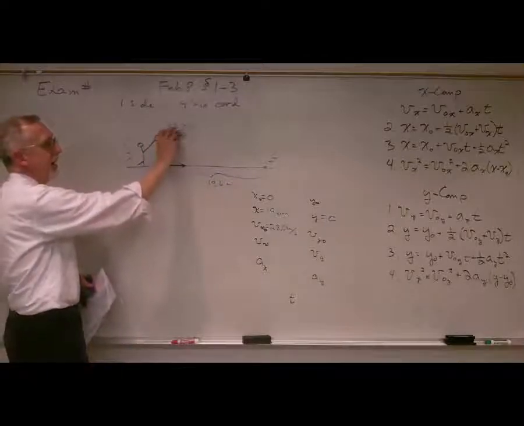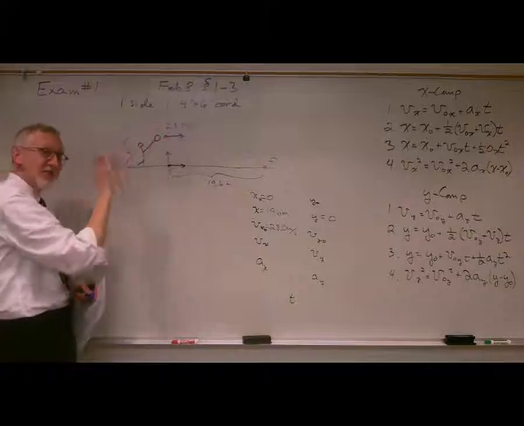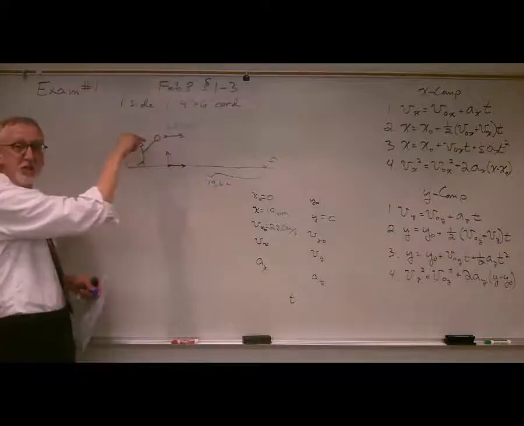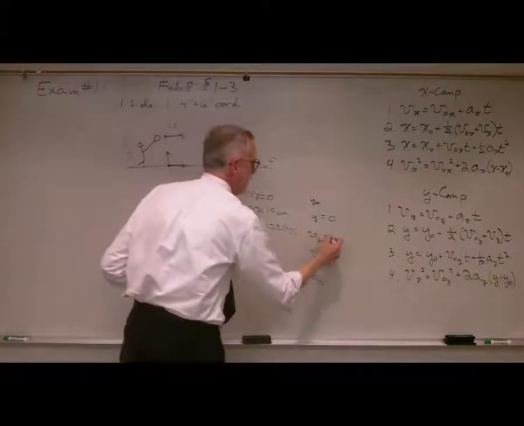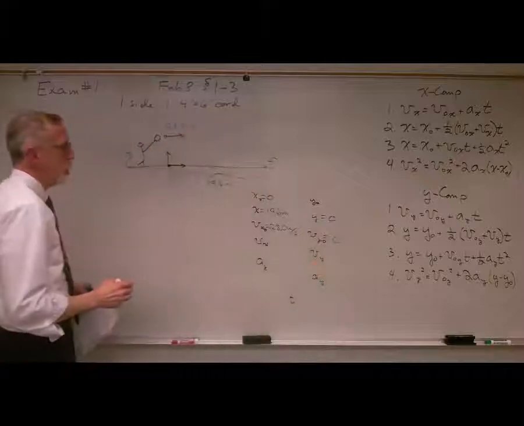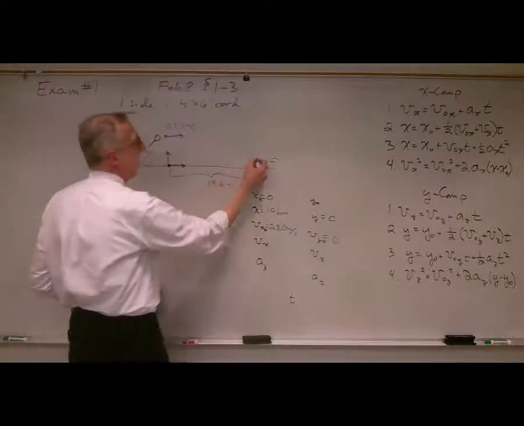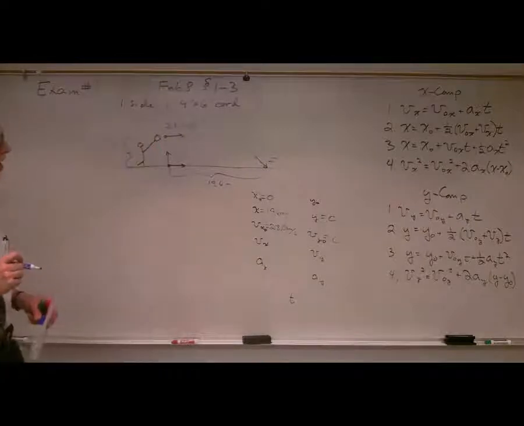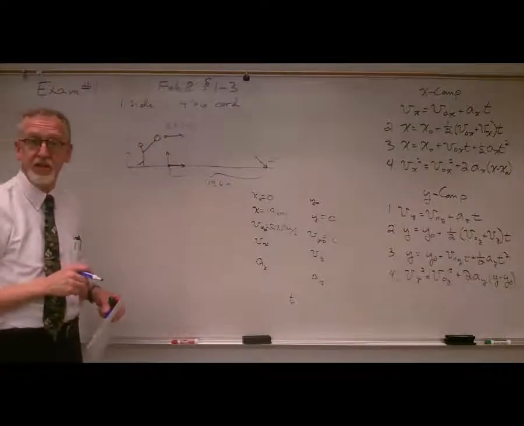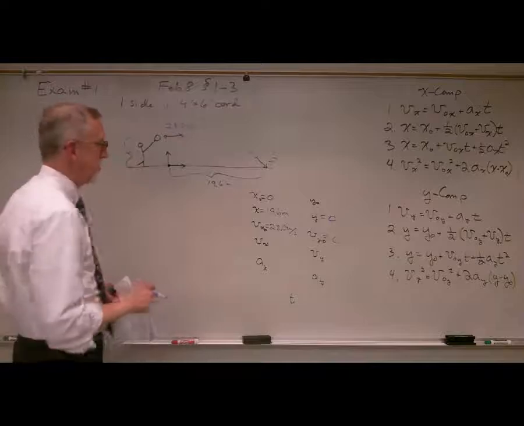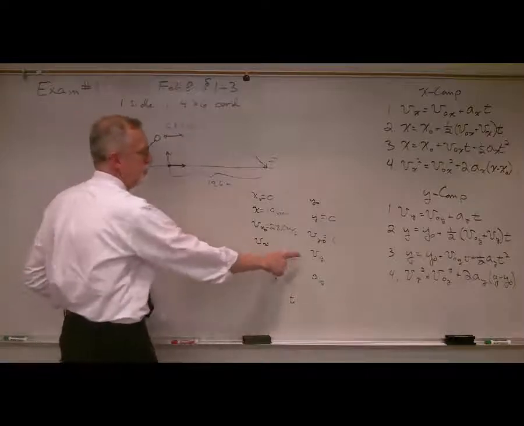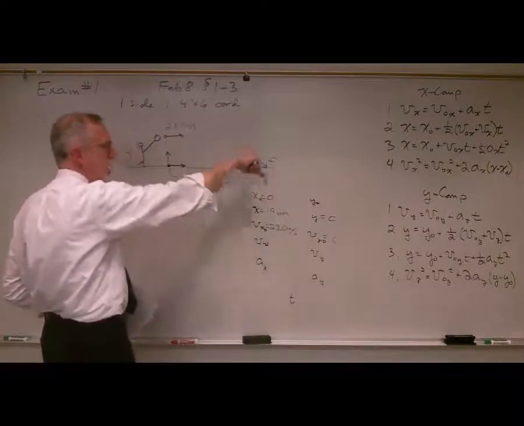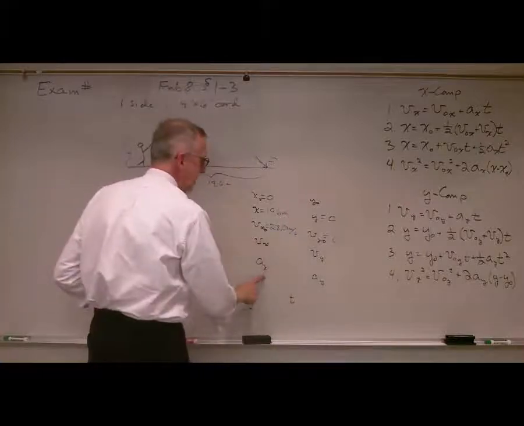Is it going up or down at all just as soon as it's hit? No, it's going horizontally, so we know that is 0. What about vx? When it hits the ground over here, it's going to be going in some direction like that. Do we know what the horizontal component of the velocity is? Well, not right off the bat, so we'll say we don't know it. Vy, likewise, we don't know, so we'll leave those.